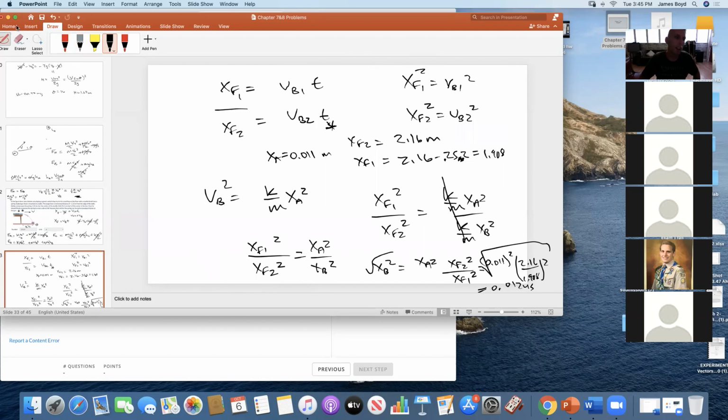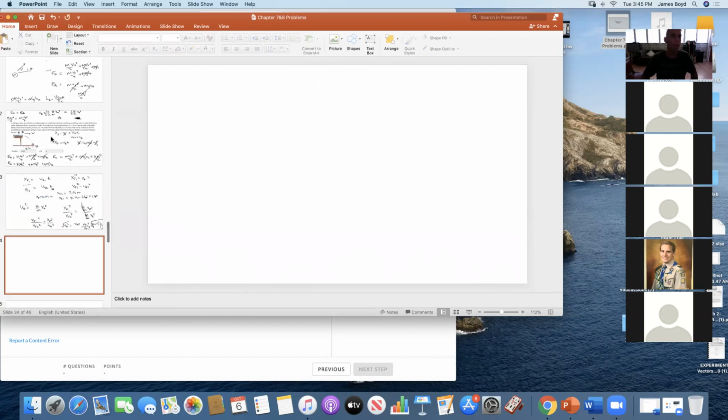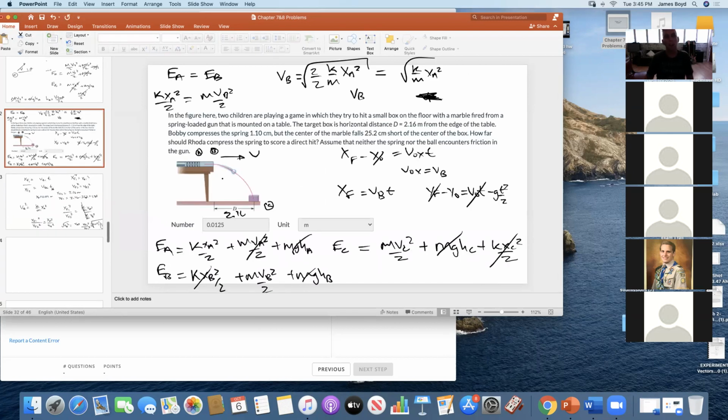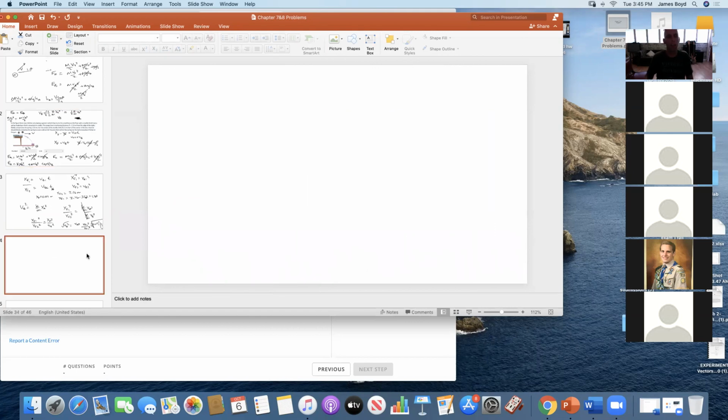So this is a little hard. This is kind of a hard problem. What we did was we solved for EA and EB. EA is equal to EB, and we got that kxA squared over 2 was equal to m vB squared over 2. And then we found that x final minus x initial was equal to vB times t.